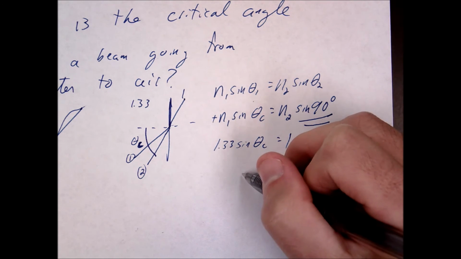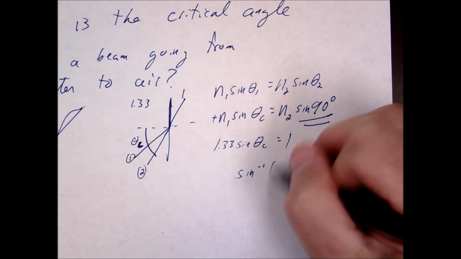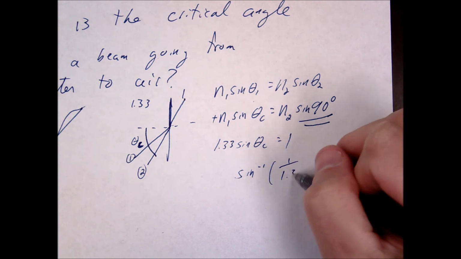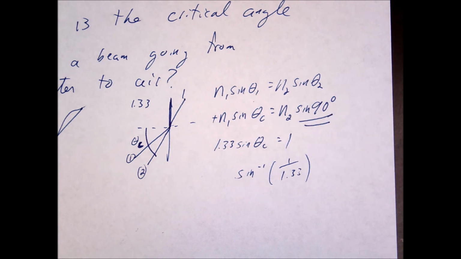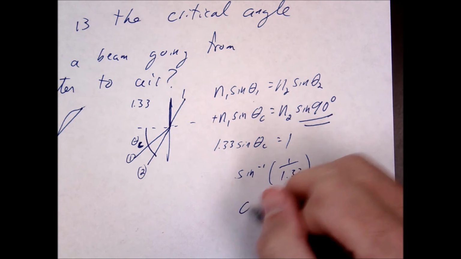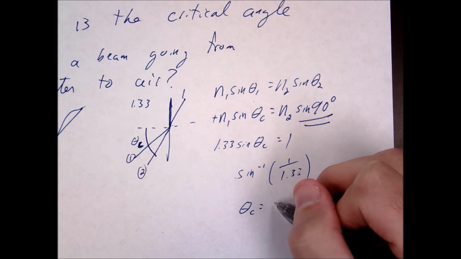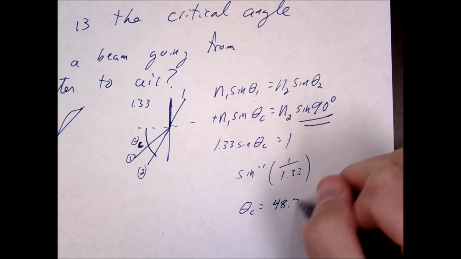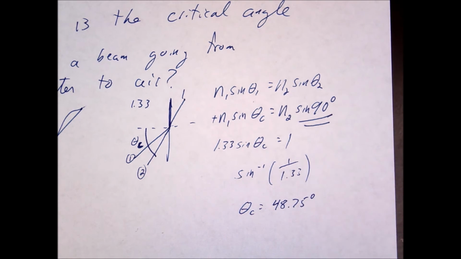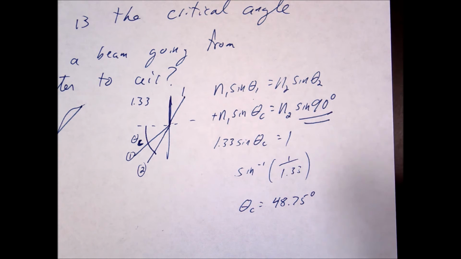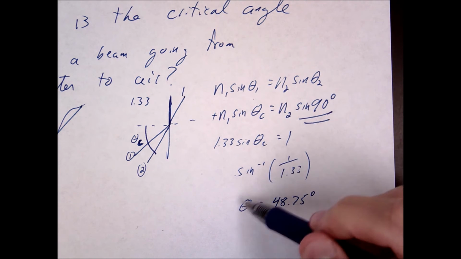Okay, so your inverse sine of 1 over 1.33. What is it? 48.7. Sounds good. Make sure you can get that number.